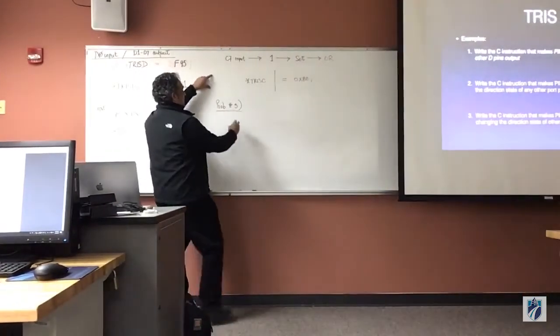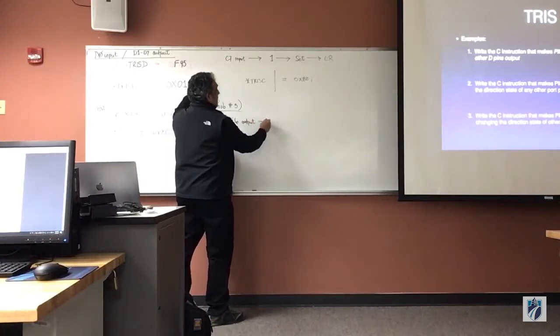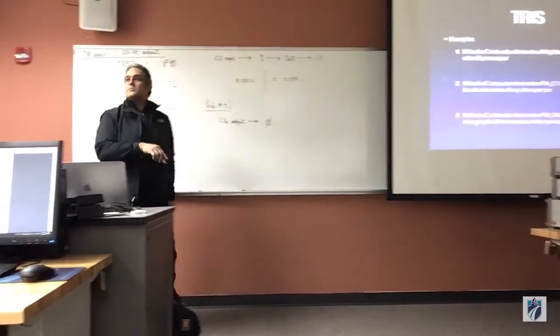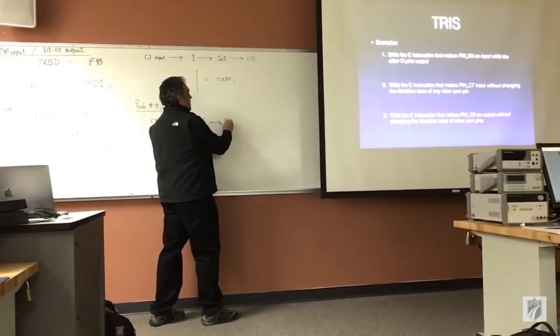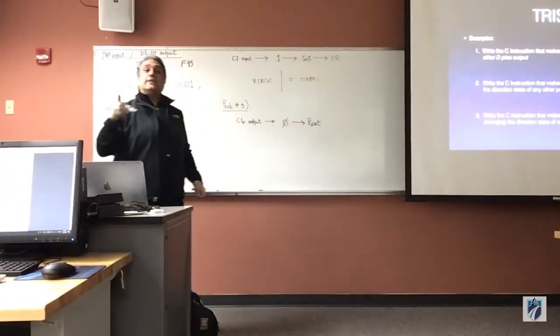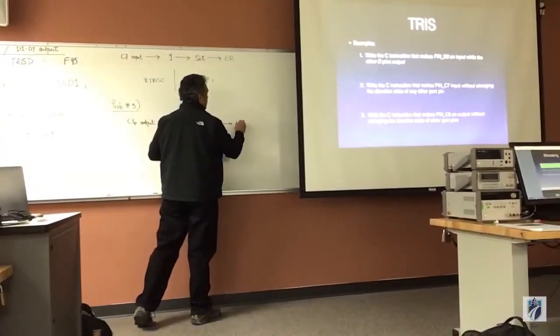So I need to make C6 an output. Logically speaking, output is done with a 0. That's what the data sheet tells me about this processor. 0 in bit masking means reset. And reset needs what gate? The AND gate. So we need an AND gate.